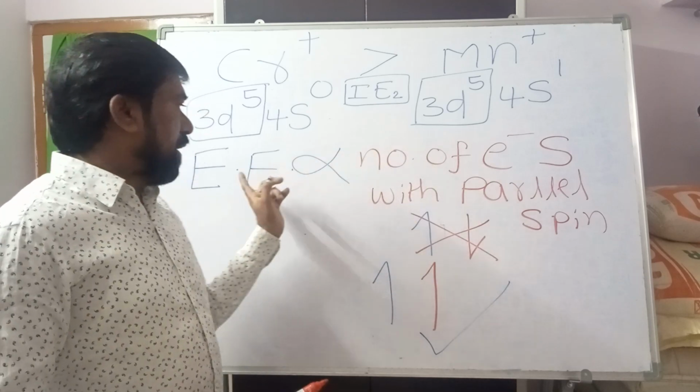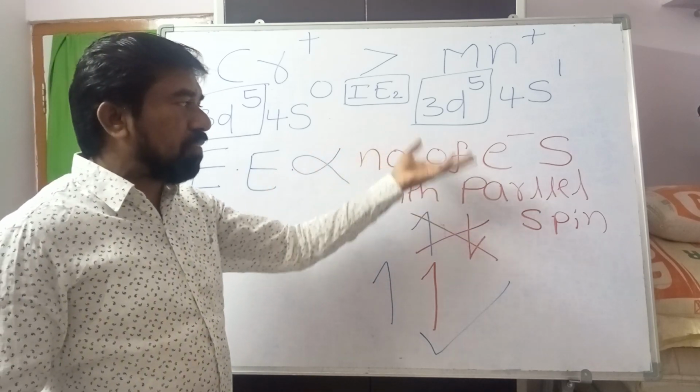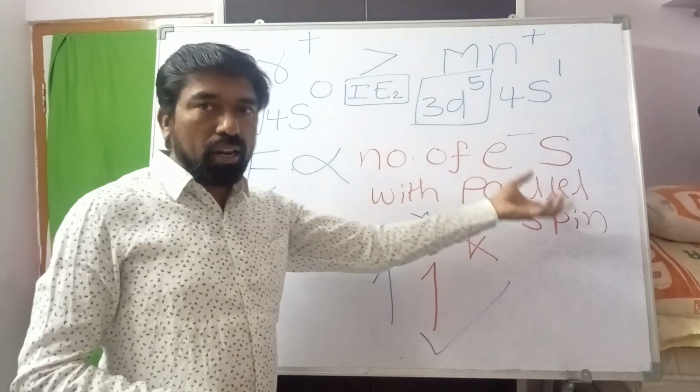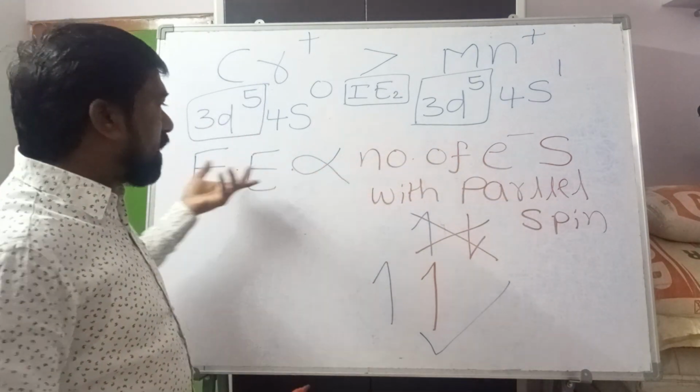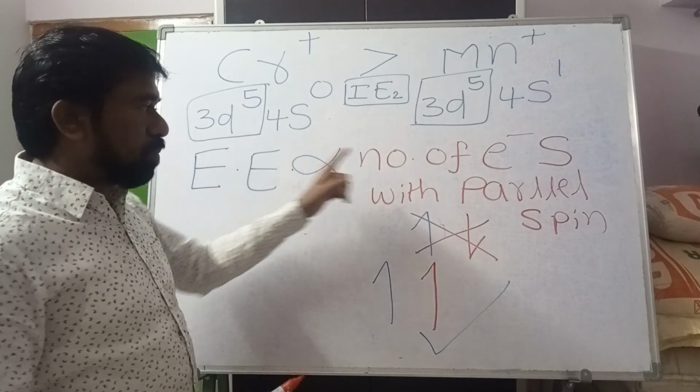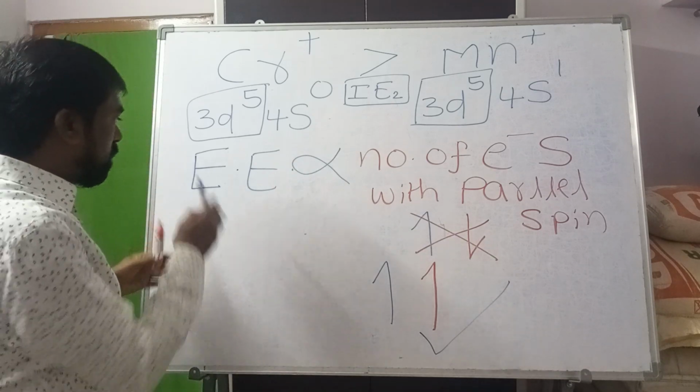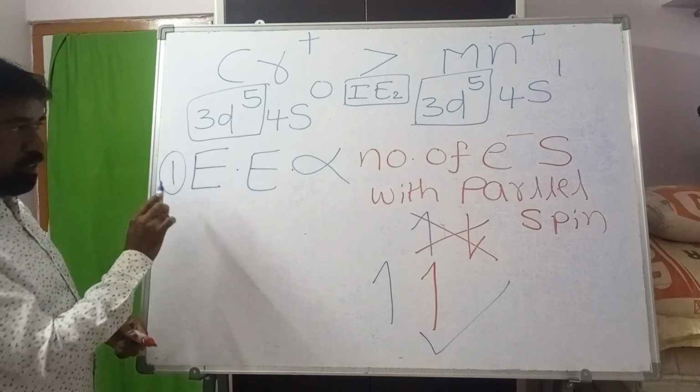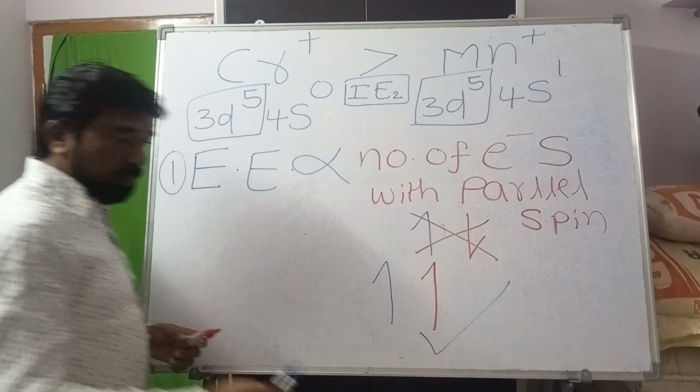This is the exchange energy. More electrons with parallel spin means more exchange energy, directly proportional. This is the first point about exchange energy. Remember this.